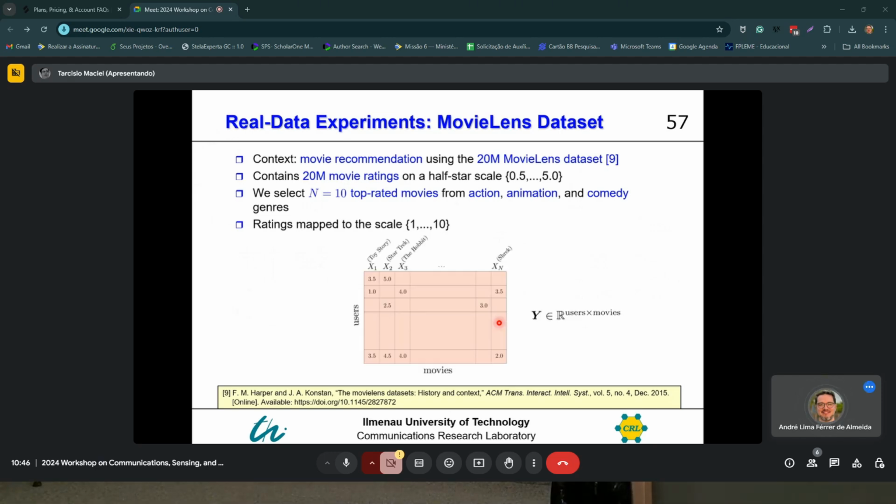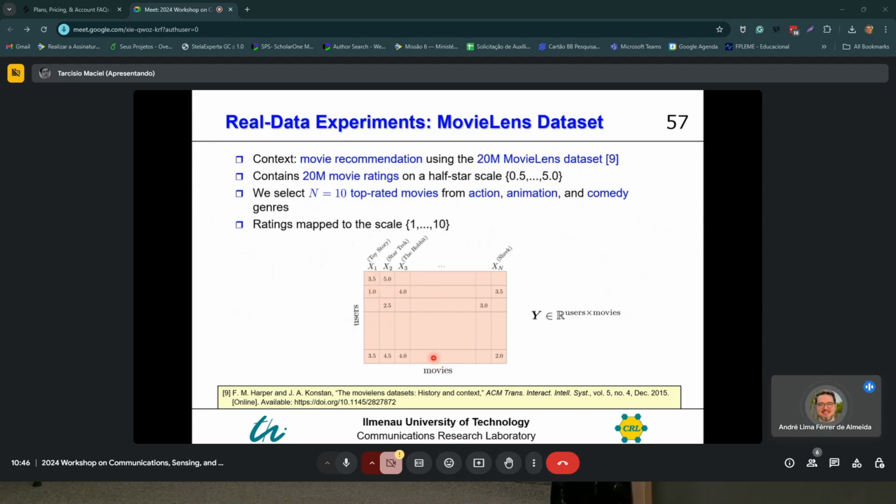This is an example of how the dataset would look. We have basically the users and the movies: Toy Story, Star Trek, The Hobbit, all kinds of movies, and these are the ratings here.